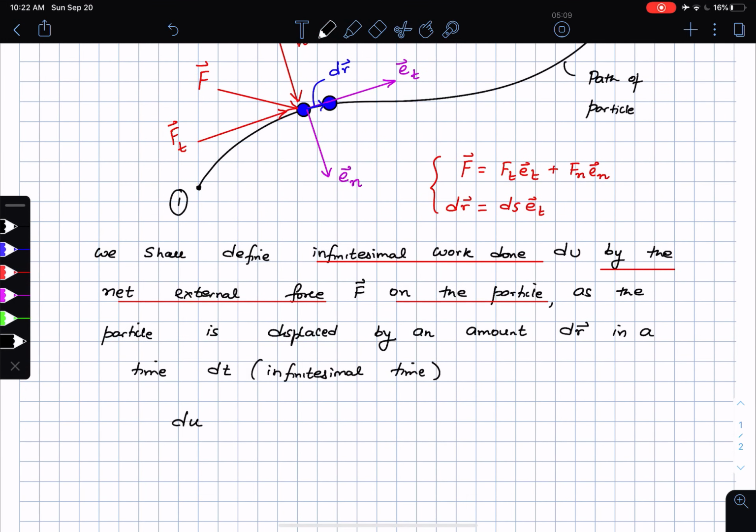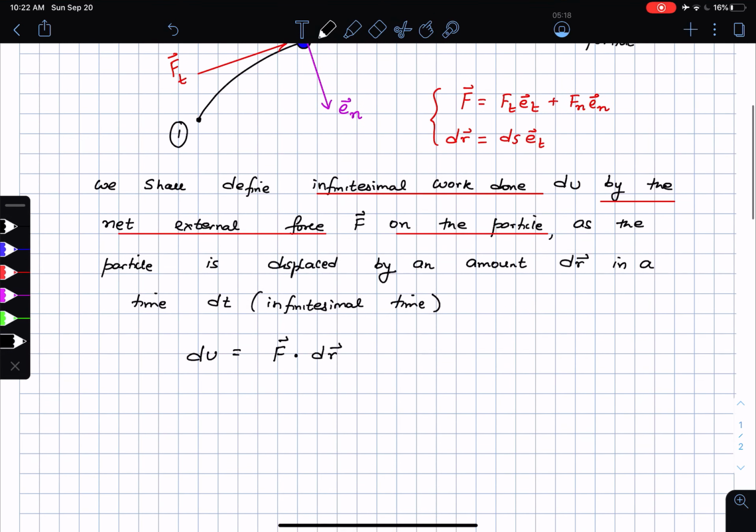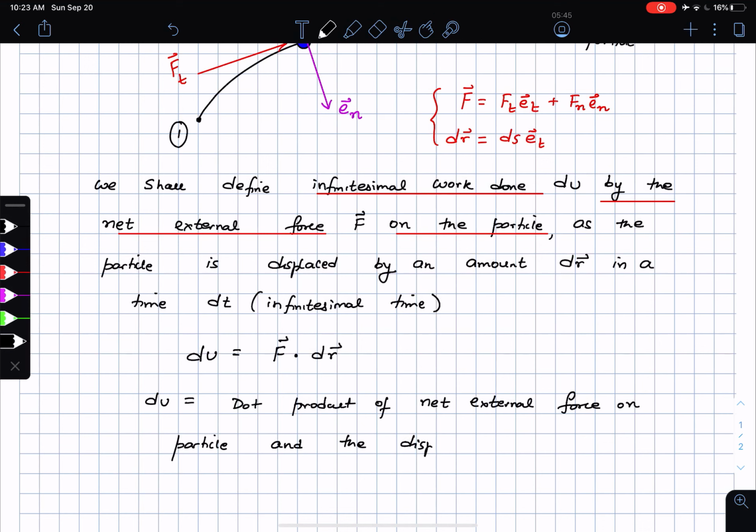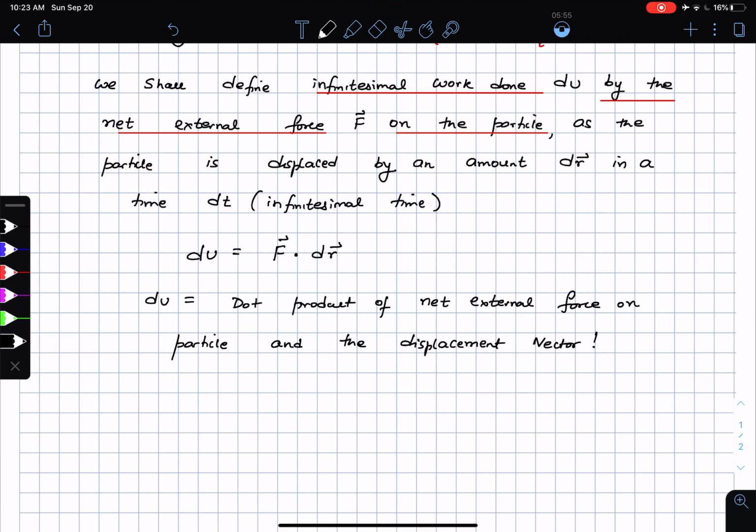So dU, or capital U, I'm sorry, dU is defined as F dotted with dr, or dU is the dot product of the net external force on the particle and the displacement vector.